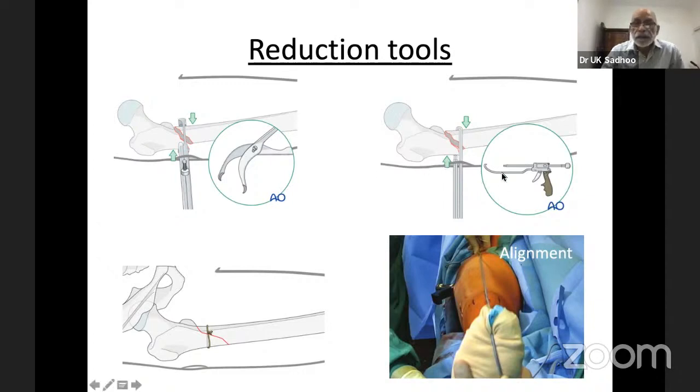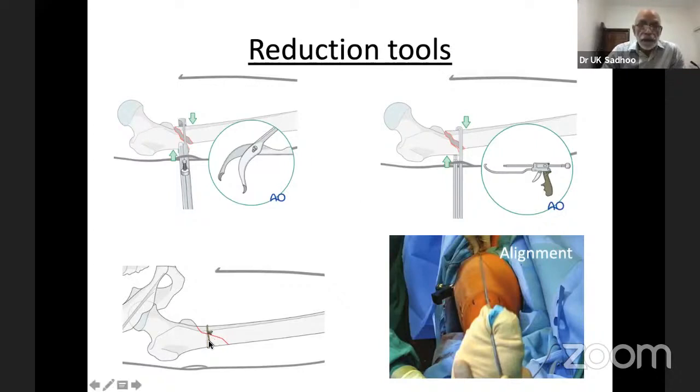The other option is a collinear clamp. Again, it is very strong, and sometimes excessive forces can be applied through it. In osteoporotic bone, it can actually cause some damage to the lateral cortex. So be careful with this collinear clamp.